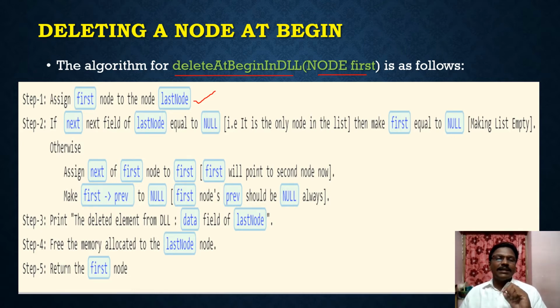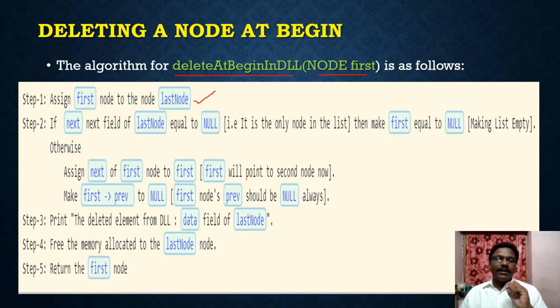Otherwise, assign next of first to first. It means the first will point to the second. Then first previous to null. That means the previous should always be null in a double linked list.